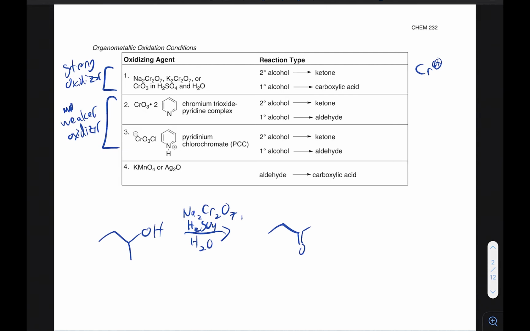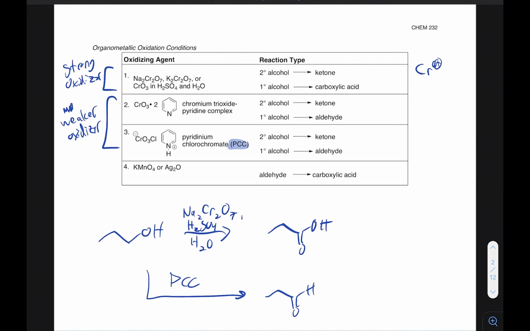So if we were to take the original primary alcohol and react it with these weaker conditions, PCC, which we'll see a lot, we can just abbreviate it like that. We can do this PCC oxidation, and instead of getting a carboxylic acid, we would get an aldehyde.